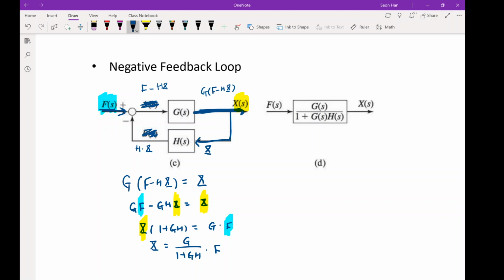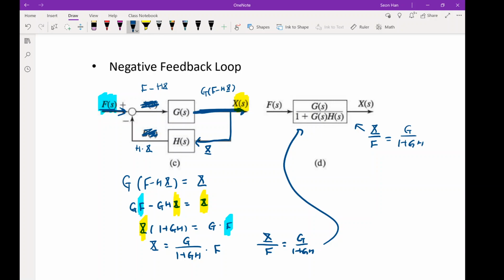So what's your transfer function? X divided by F equals G over 1 plus GH, which can be drawn this way. Whenever you see this configuration, you should recognize that X divided by F equals the block G divided by 1 plus GH.